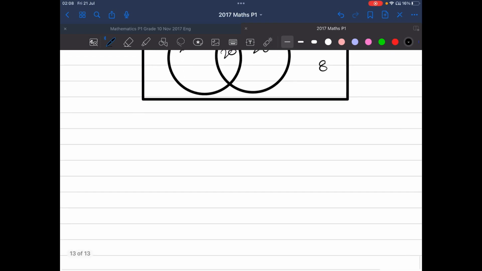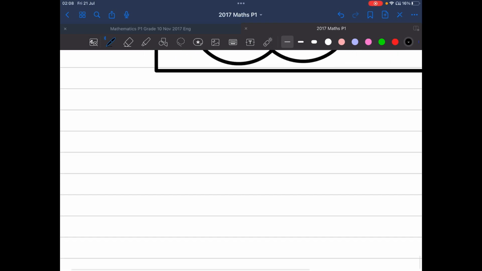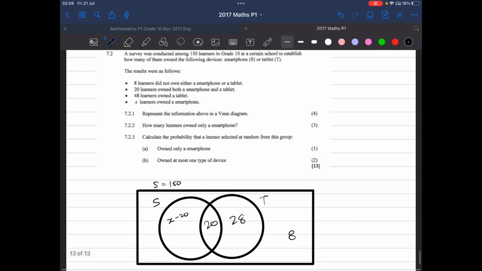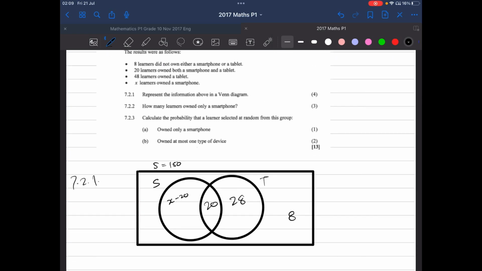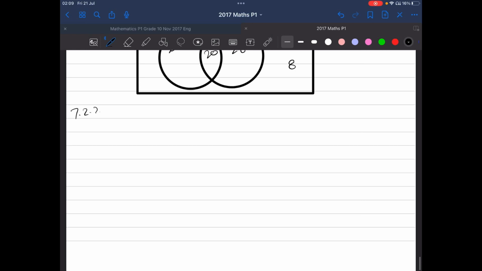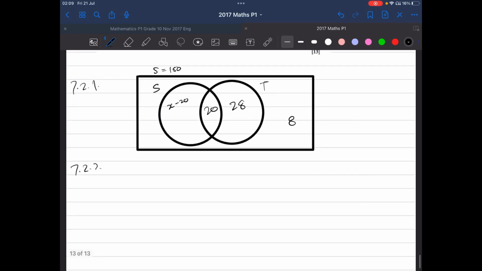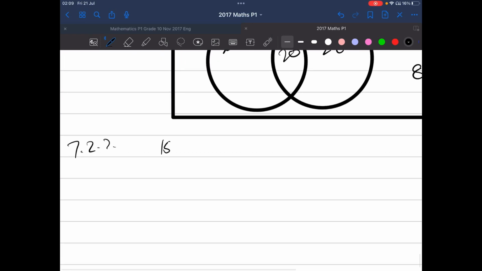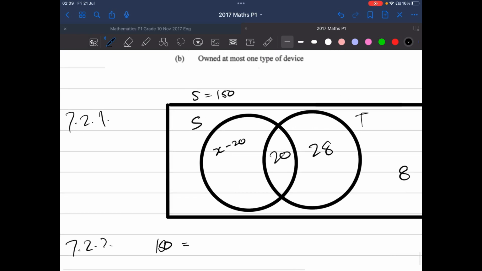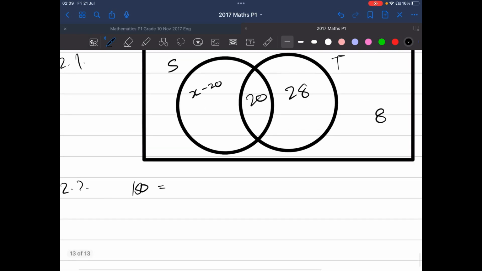This is 7.2.1, 7.2.2 now. If you think about this, we have 150 people in total. So everything that we add up must come back to 150. We first have the 8 that don't own either.